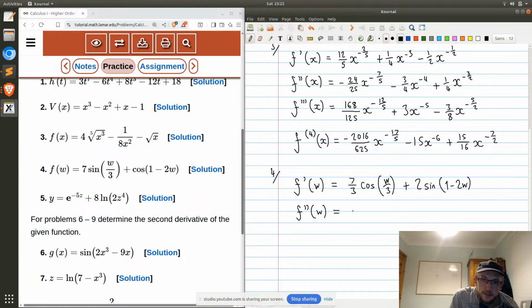And again, whoops. Sine goes to cosine. And the cosine shall have a minus.